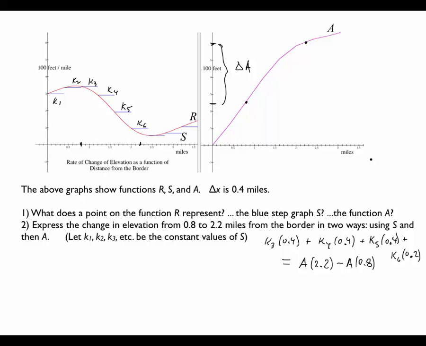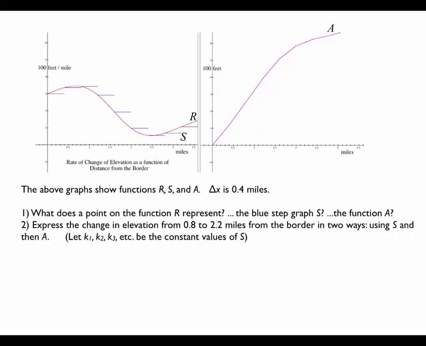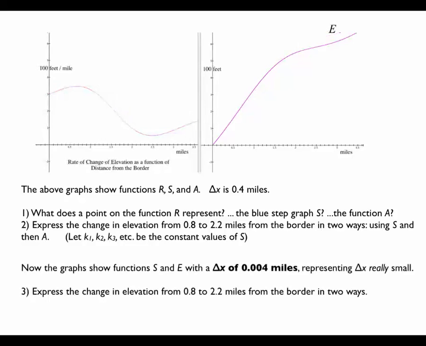All right, so now I want to make delta x 0.004. So now on the left, that is still the graph of capital S. That's still the step graph, but now delta x is 0.004. But in general, this is representing a very, very, very small delta x.